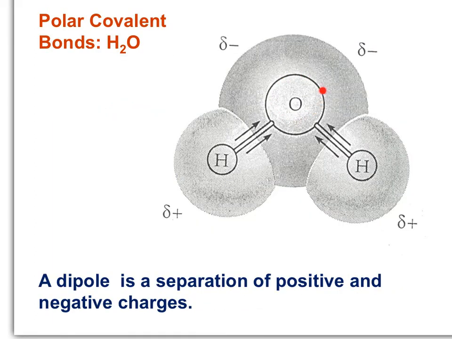The more electronegative oxygen pulls the shared electrons towards it, resulting in the unequal sharing of electrons and slight charge separation. The oxygen end of the molecule takes on a slightly negative charge, while the hydrogen end of the molecule takes on a slightly positive charge.